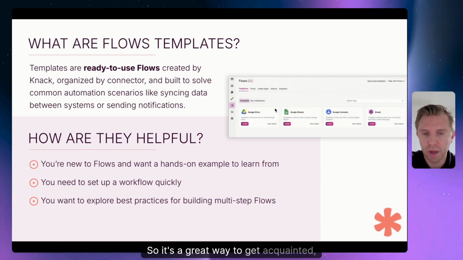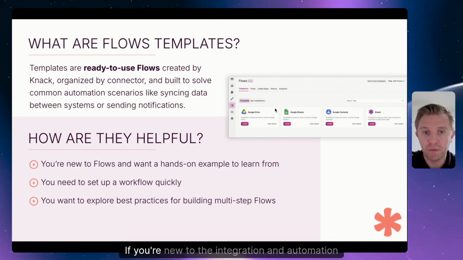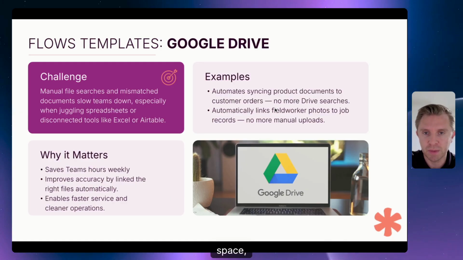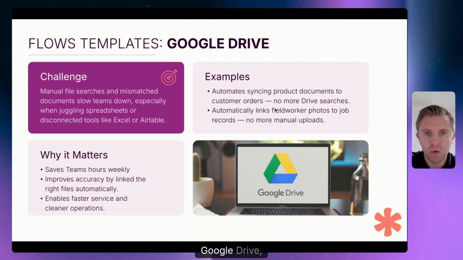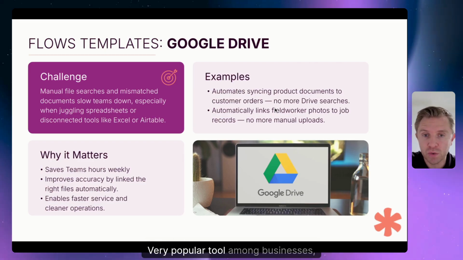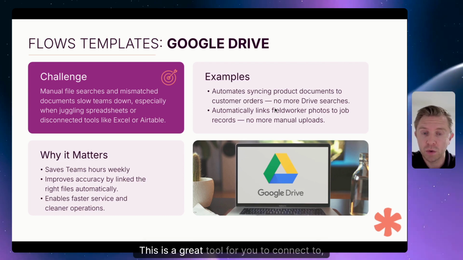So it's a great way to get acquainted, great way to understand what Flows is all about if you're new to the integration and automation space. A few examples here for you. So Google Drive, right? Very popular tool among businesses, small, large, personal use, business work. This is a great tool for you to connect to.